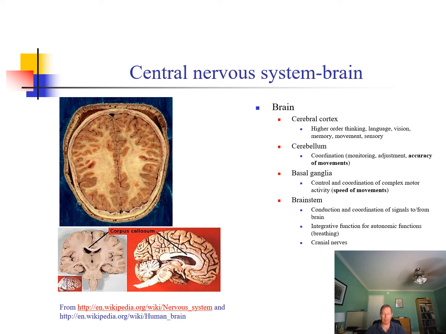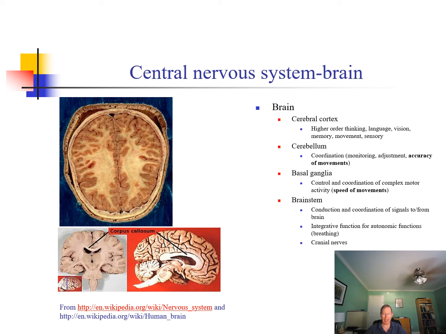Now, back at the base of my brain, I have a portion of the brain called the cerebellum. The cerebellum is involved in taking a lot of signals that are coming in and coordinating those and providing for an accuracy of movements. So, for example, my cerebellum would be involved in me trying to touch my fingers together or touch my finger to my nose.